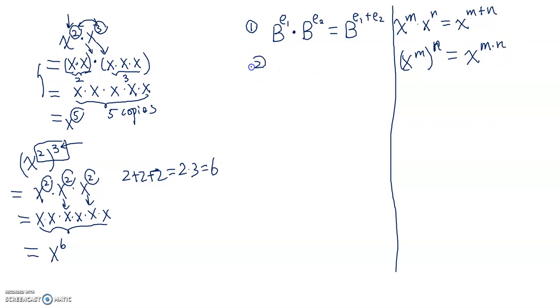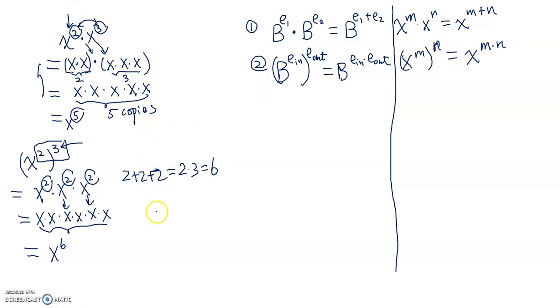And when we write it, if I use b to represent the word base, and the exponent in the parentheses, I'm going to call it e in and then e out. And what we do is we keep the base, but we multiply the inside exponent and outside exponent.